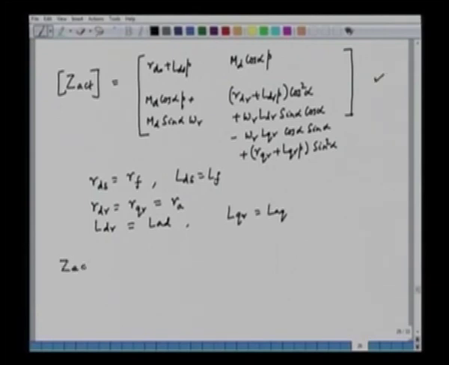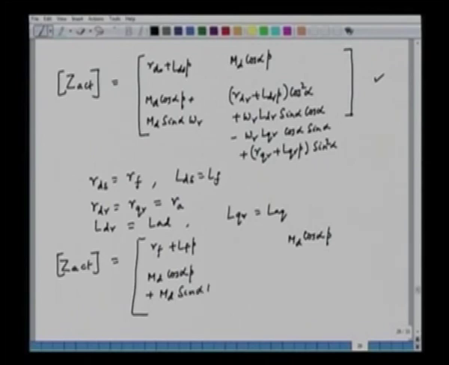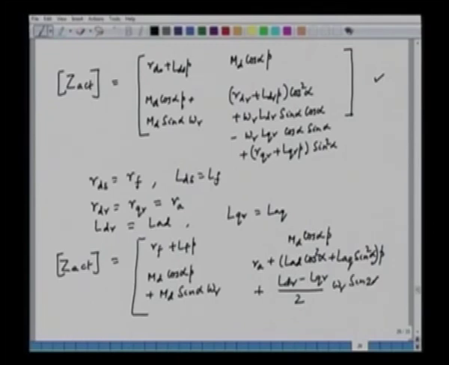So we can say that Z actual after simplifying will be of this sort: RF plus LFP, MD cos alpha P, and here we have MD cos alpha P plus MD sin alpha omega R, RA plus LAD cos square alpha plus LAQ sin square alpha P plus LDR minus LQR by 2 into omega R sin of 2 alpha.